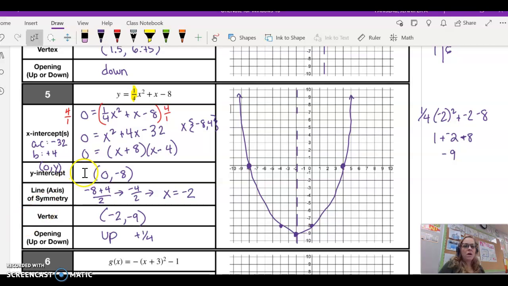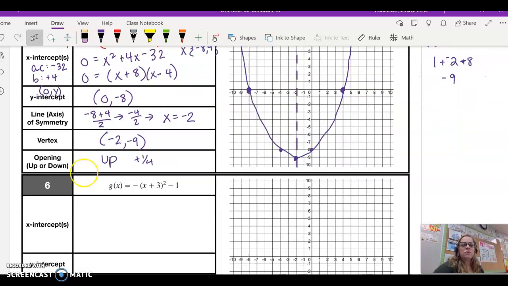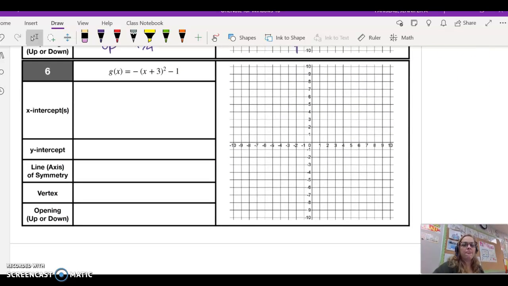Okay. All right, let's go to the last problem here. Notice, we're going to always start off noticing what form it's in. It is in vertex form. So because it's in vertex form, we're going to take the opposite of that number in this one. So the opposite of that is going to be my x value. It's -3, -1.